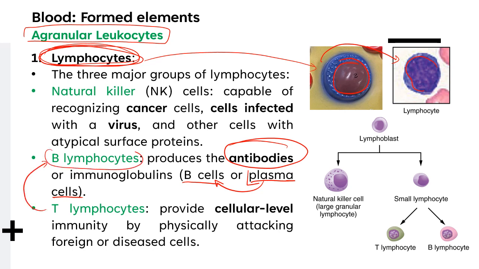Once the B cell gets stimulated, that B cell will start making a specific type of antibodies, and the name will change and it will become a plasma cell. Antibodies are proteins, and it makes sense that lymphocyte type B has this huge nucleus because it contains all the genetic information to make proteins when stimulated. They're a little bit bigger than the T cell. T cells in general are a little bit smaller. We're going to see those in the picture in a minute.